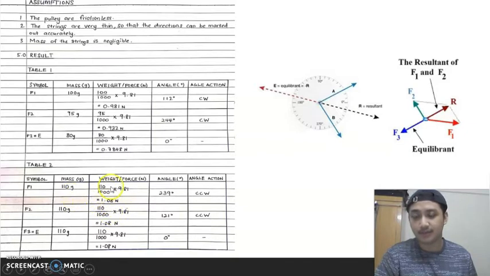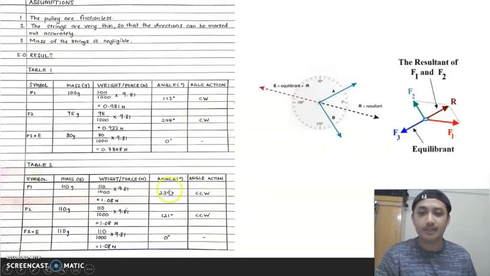It is the same for force 1, force 2 and force 3, but the angles are different. For force 1, 239 degree, for force 2 is 121 degree, and force 3 is 0 degree. So for table 2, all the angulation is counterclockwise.